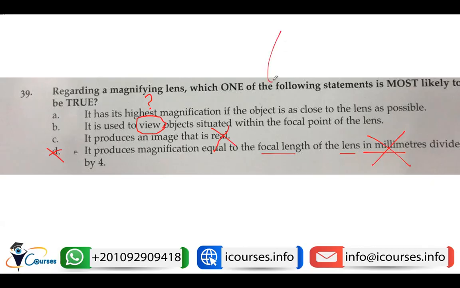If you have here a lens, and this is F, the focal length, and this is C, the center of curvature, and we place the object like here, or here, or here, what is the maximum magnification: object 1, 2, or 3? Can you tell me?